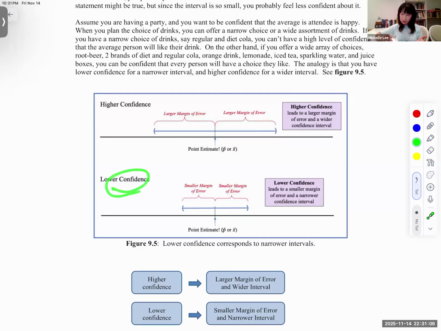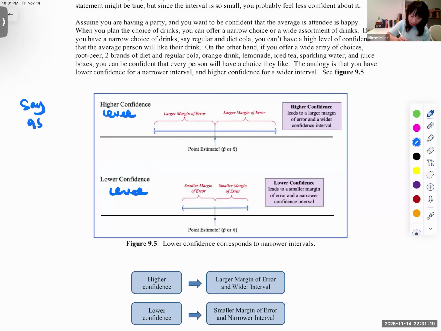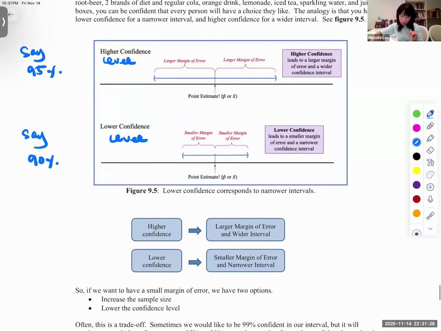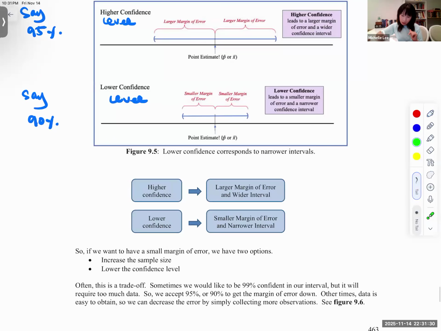And lower confidence. So that is the level. They talk about the level, like we talked about earlier, say 95% here, say 90%. Okay, let's just talk about this one.